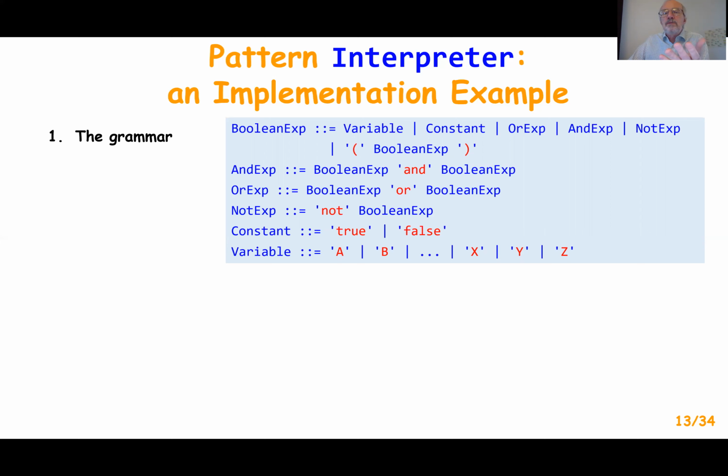Looking at the first production, the root production for the whole grammar, it explains what a Boolean expression is.